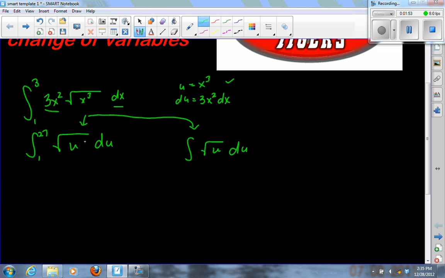So this is one method to change these bounds to U bounds, and now I have a new problem that only has U's in it.